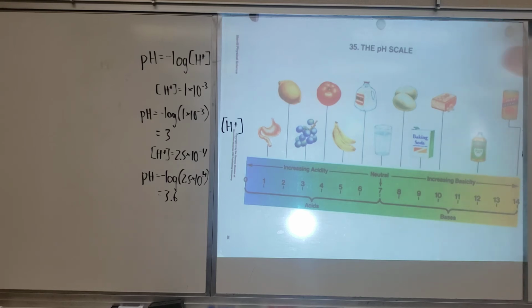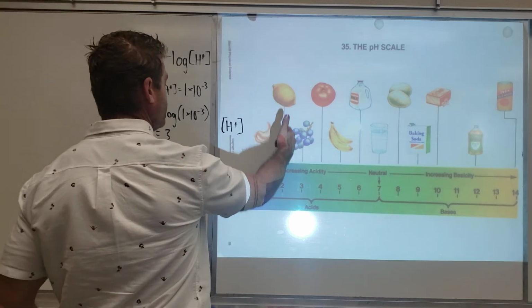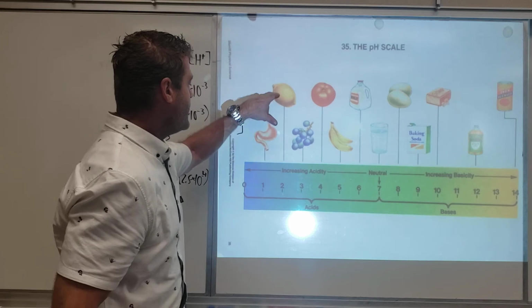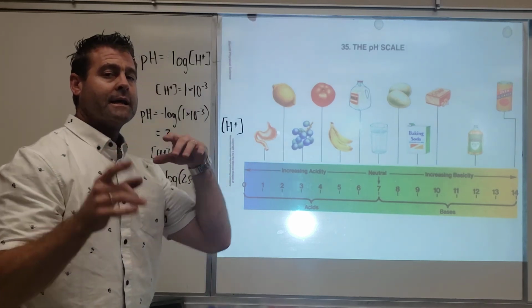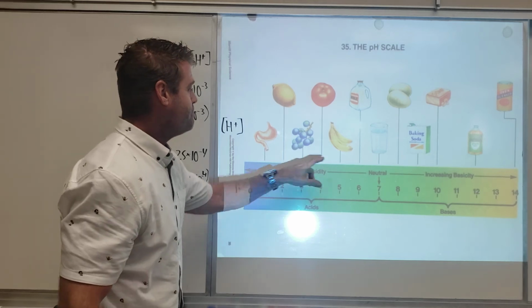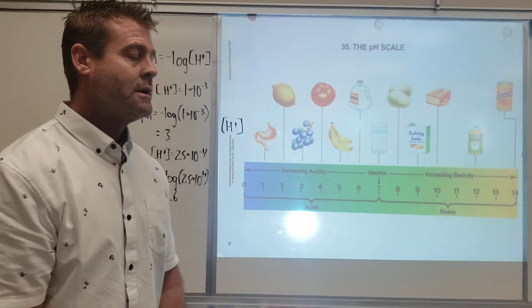And you guys should be able to answer. Well, obviously, lemons with a pH of 2, bananas have a pH of 5. The lower the pH, the more acidic. Lemons are more acidic. My next question is, how much more acidic are lemons than bananas?